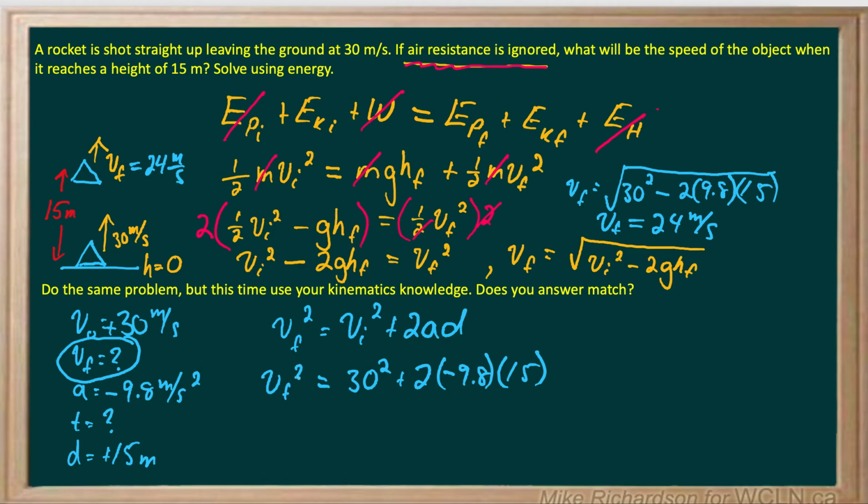That's all equal to v final squared. So when I work it all through and solve it, I get exactly the same answer, of course, and I get 24 meters per second for v final. Just one thing to notice, this line right here is the same as this line right here. So it makes sense that you get the same final equation, as we should, just two different approaches.